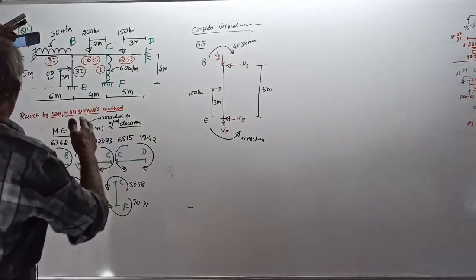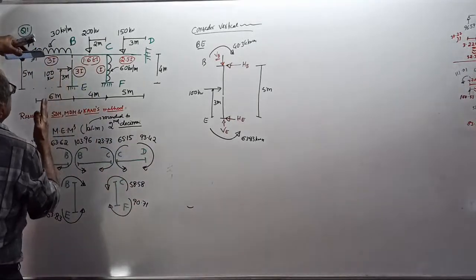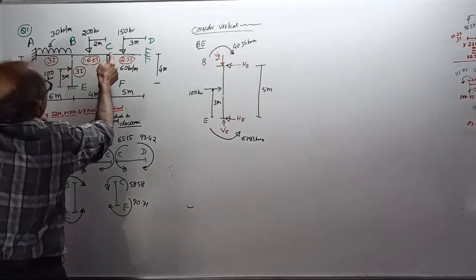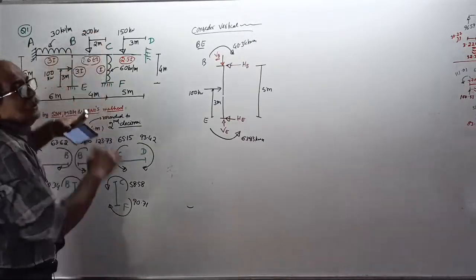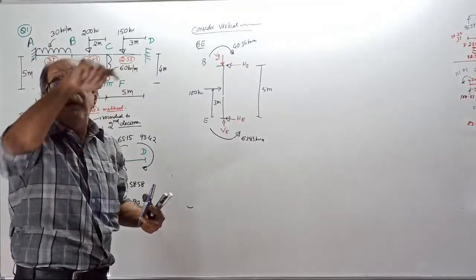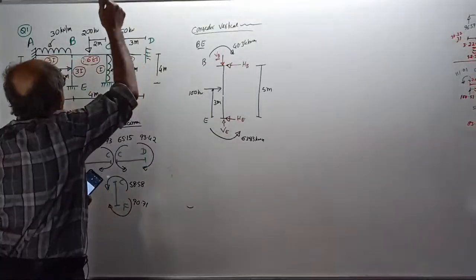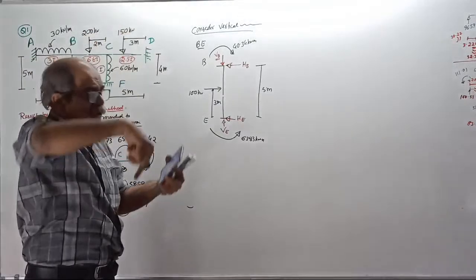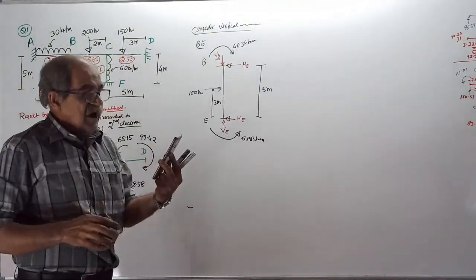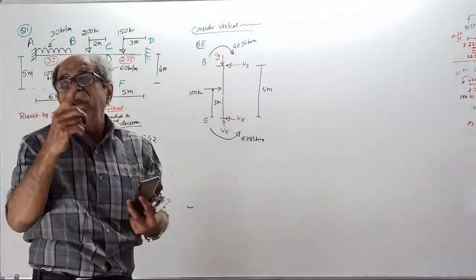See, when I take AB, I got a reaction VB1. When I take BC, I got a reaction VB2. That is a reaction on the beam from the column. Now, load is transferred from the beam to the column. Anybody can tell? It is your VB1 plus VB2.